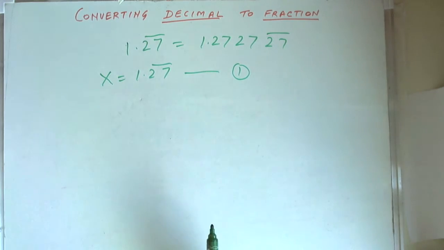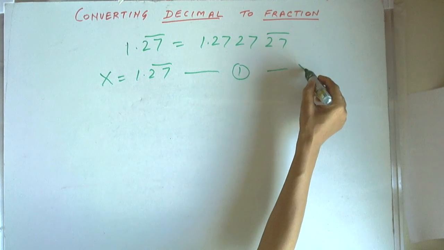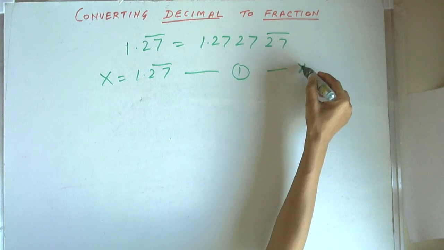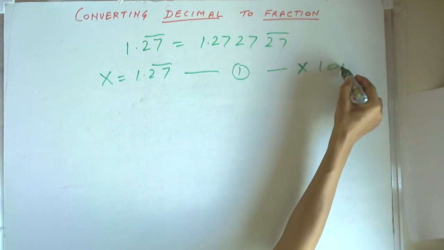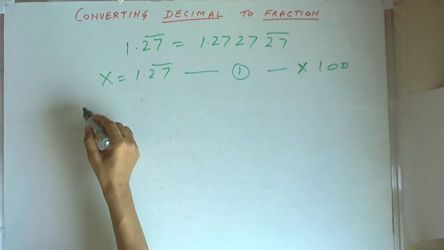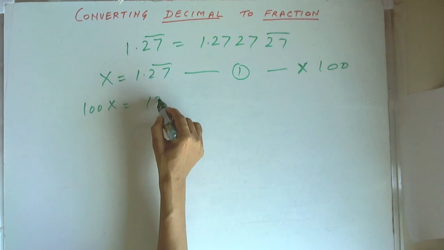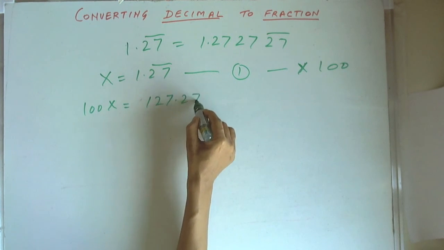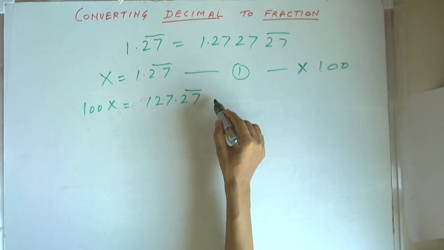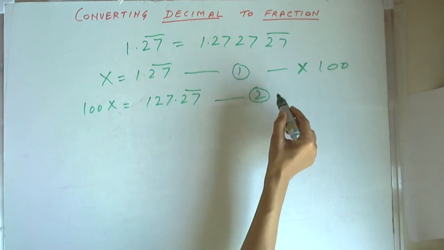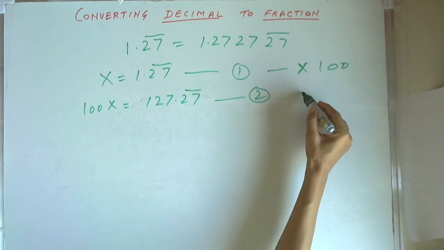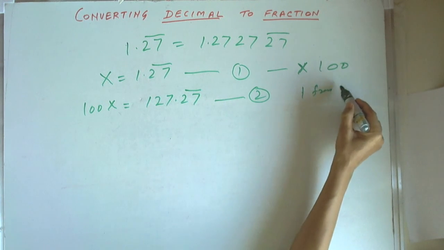Then we will multiply this equation on both sides by 100. When we multiply this, it will become 100x and this will become 127.27 bar. Again, we will subtract 1 from 2.